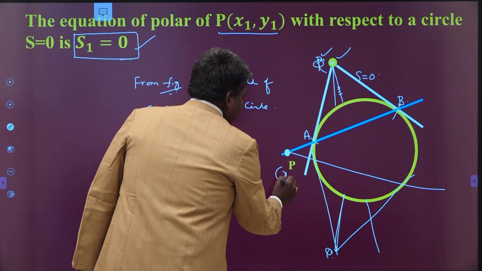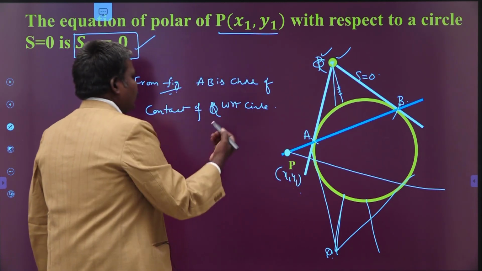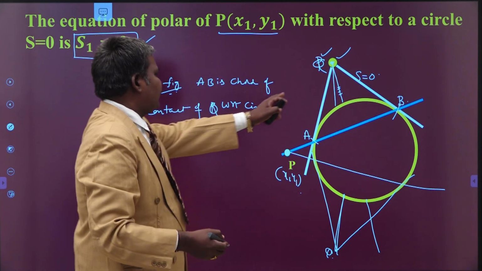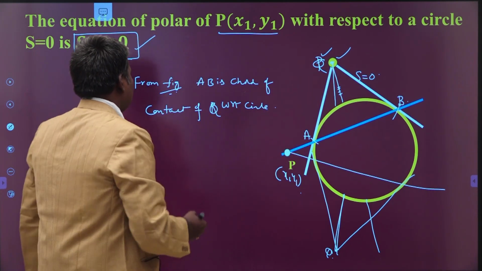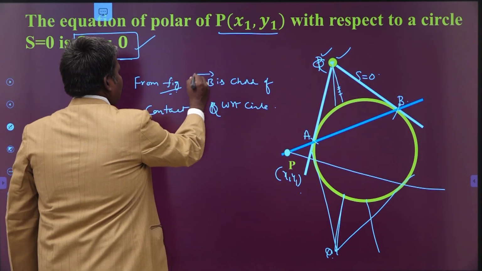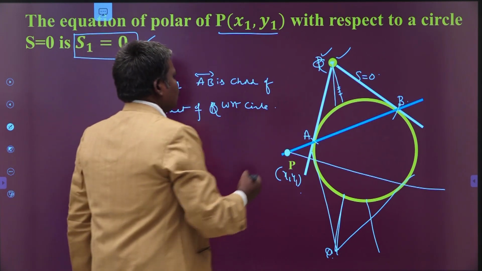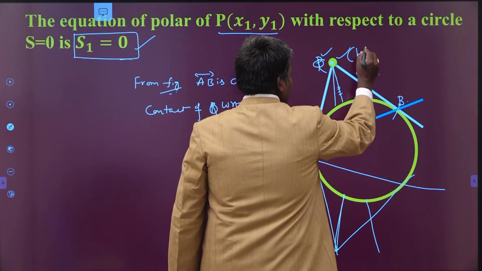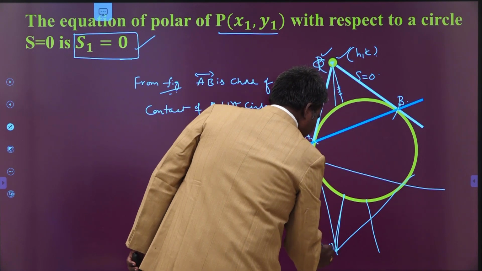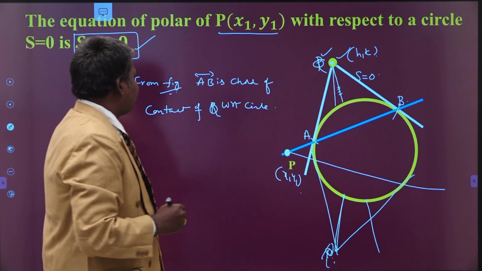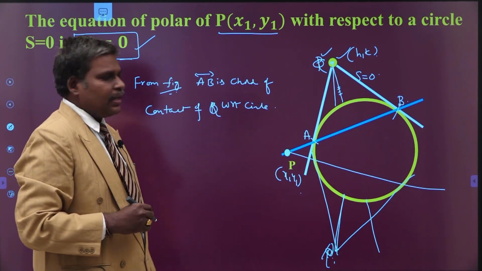Suppose your point P is (x1, y1). Q is the point of intersection of tangents drawn at the extremities of the chord. So AB is what now? The chord of contact of Q. Suppose the coordinates of Q are (h, k). This may be taken as R. Chord of contact of Q with respect to the circle.